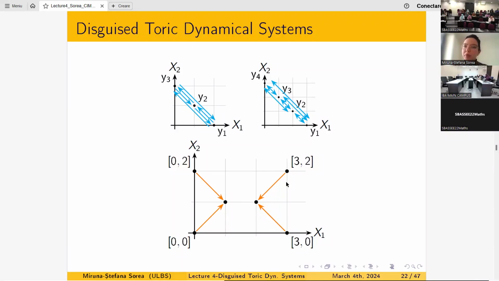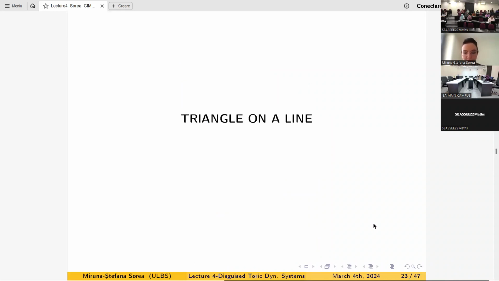We cannot have complex balancing on this network. So the toric locus is empty, but for the disguised toric locus, if you play with the vectors and decompose them and recreate the same system with a new graph that is weakly reversible, you get a bigger set. So now the first example, the first network we are going to look at, this triangle on a line.